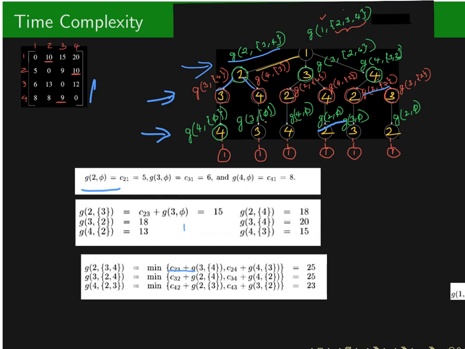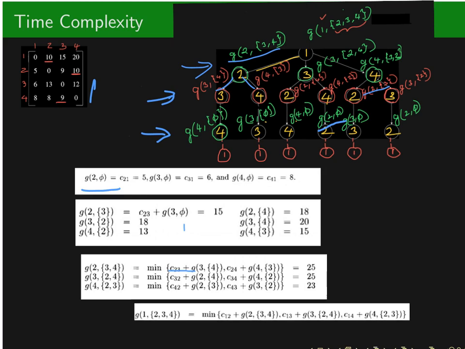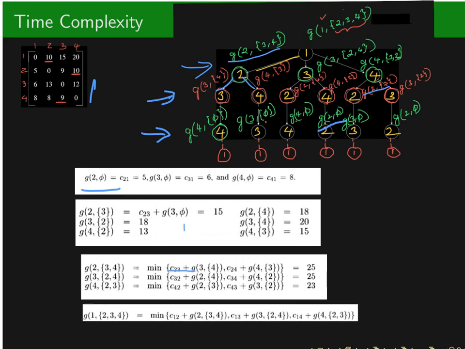Now the recursive definition for the first level, which in fact is our ultimate goal, can be defined as shown here. Note that here we have three choices. You can either take this path or this path or this path. So you have to find the minimum of these three paths.